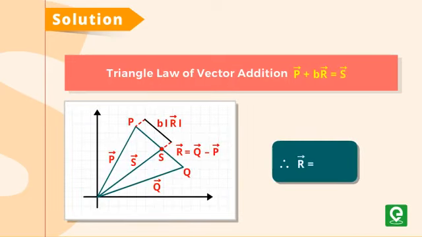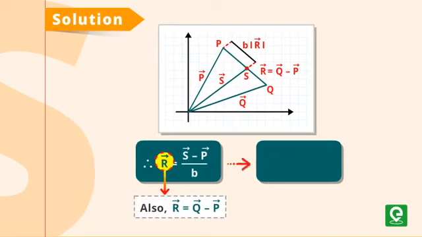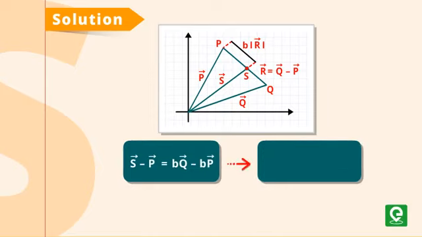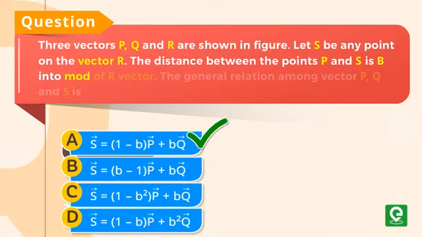Therefore, vector R equal to vector S minus vector P divided by B. Also, vector R is equal to vector Q minus vector P. Therefore, vector S minus vector P upon B is equal to vector Q minus vector P. This implies vector S minus vector P equal to B times vector Q minus B times vector P. Therefore, vector S is equal to B times vector Q plus 1 minus B times vector P. Hence, option A is correct.